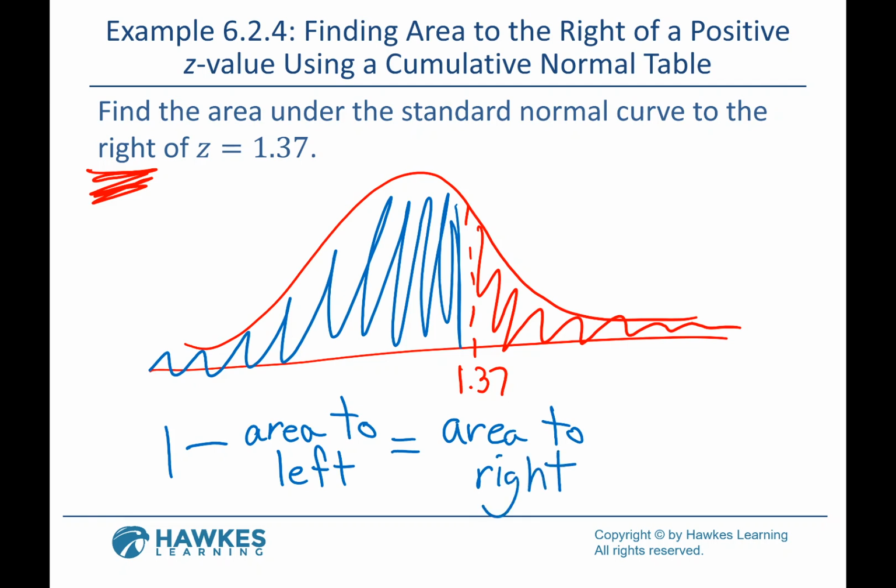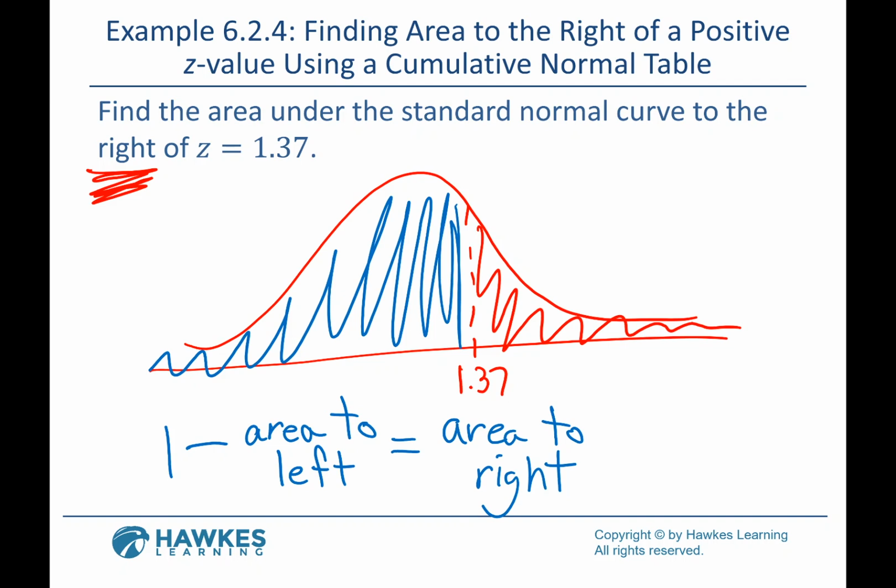So that's one option. That's real similar to what we did with those probabilities with the binomial. If we wanted the probability of greater than, we had to do 1 minus the opposite because we knew the whole thing was 1. So that's the same idea here. It's called the complement rule.